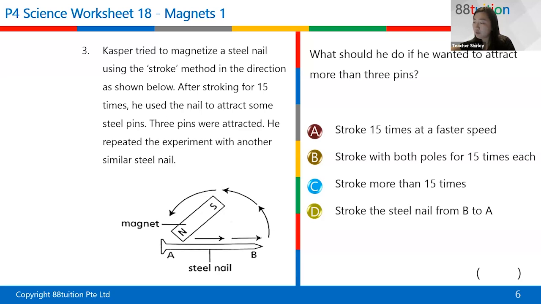What should he do if he wanted to attract more than 3 pins? Stroke the steel nail more than 15 times. Very good. Stroking method means you use a magnet to stroke a magnetic material. Eventually, the magnetic material can become a temporary magnet.